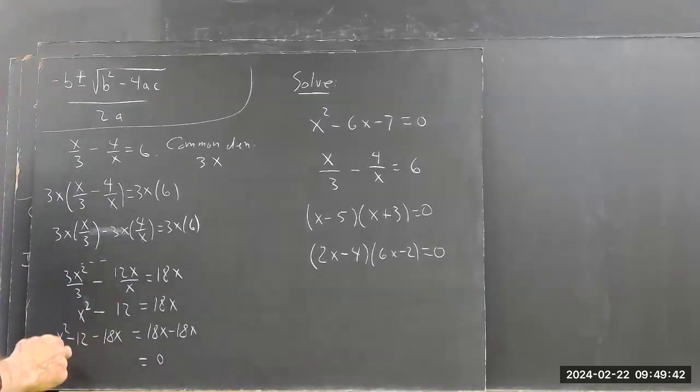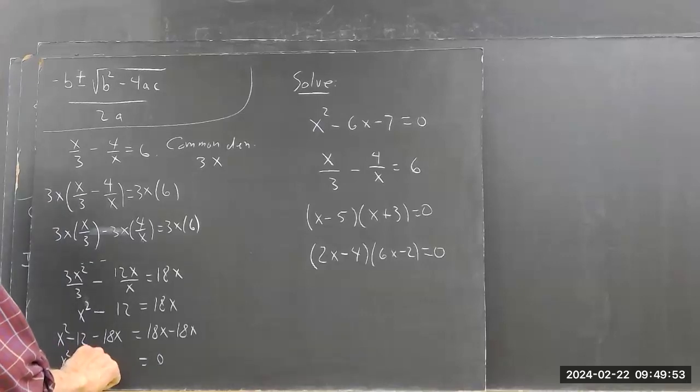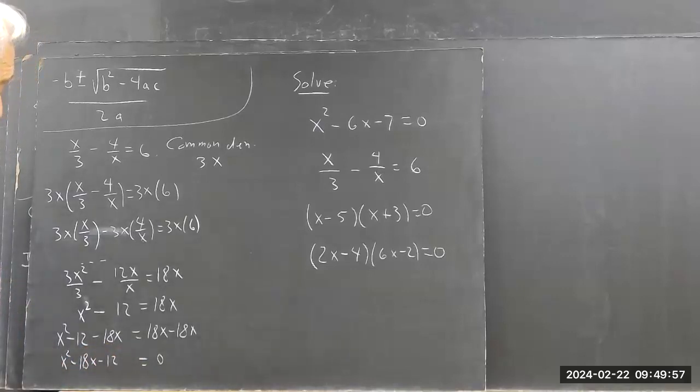And this side, we could leave it like this. But usually we write it in descending powers of x. And we're going to write it as x squared minus 18x minus 12 equals 0, because then it's just easier to match up your a, b, and c, and you're less likely to make an error.